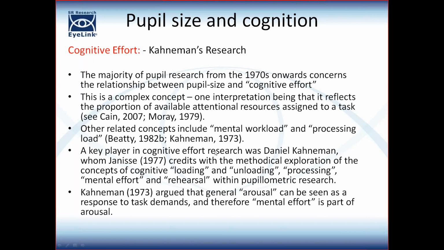He performed many experiments showing that a whole range of cognitive operations would result in pupil size increasing. For example, if you were trying to remember a short-term digit span type task, as you loaded digits in, pupil size would increase accordingly. So it would be higher if you were trying to remember 4 digits than 2 digits, even higher if you were trying to remember 6 digits compared to 4, and eventually when you exceed your span and you can no longer remember anything, pupil size would shrink back down again.